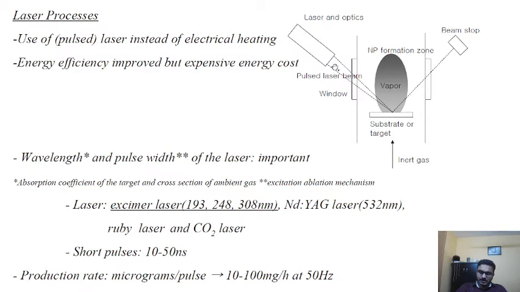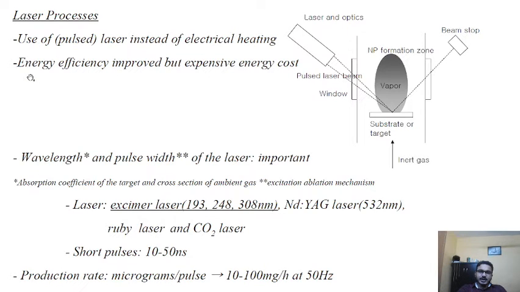So there is a pulsed laser beam striking on the target, and there will be a vapor zone here, and subsequently nanoparticle formation will take place. And then we have this beam stop over here. So this is the way we can use a laser for formation of nanoparticles.